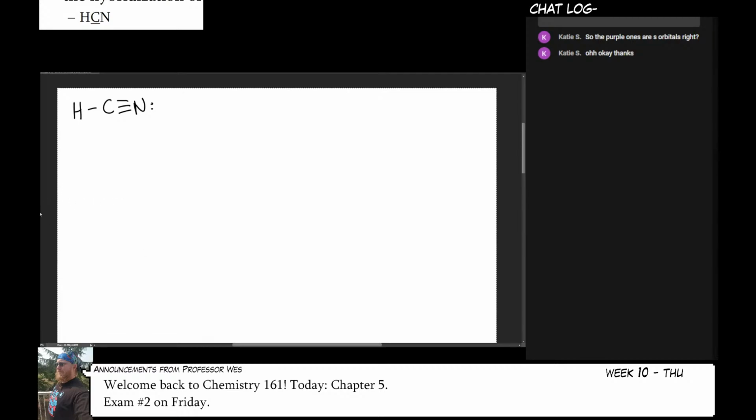What we can see from this is that I need to make 2 pi bonds here, which means that this carbon must be sp hybridized, and that this must also be in a linear arrangement.